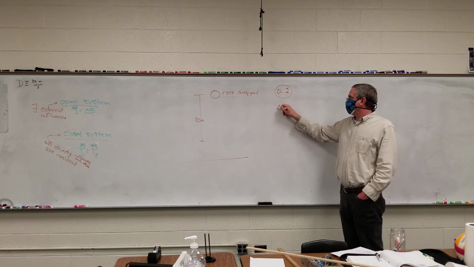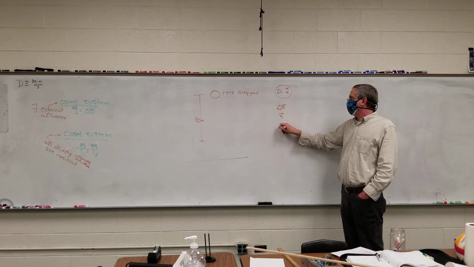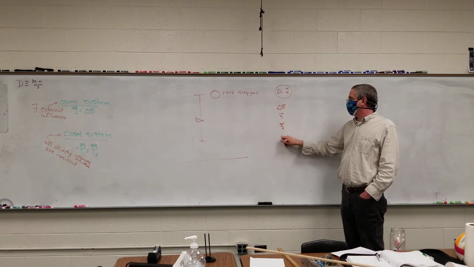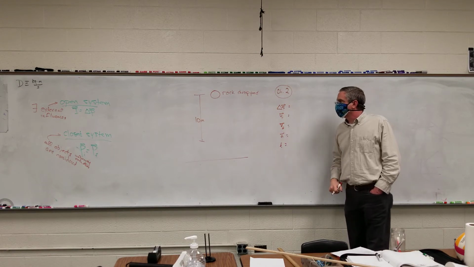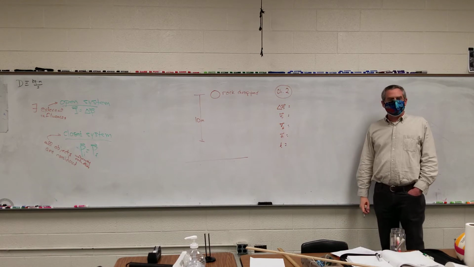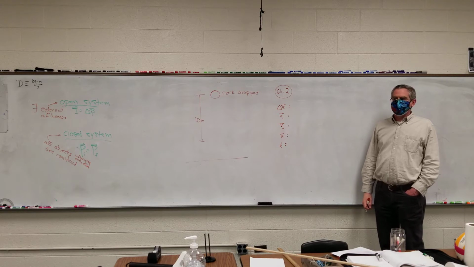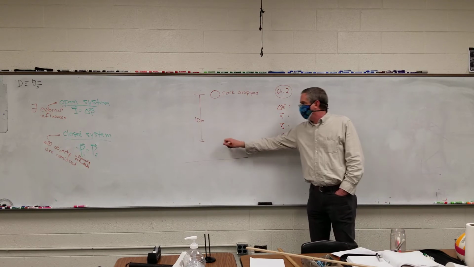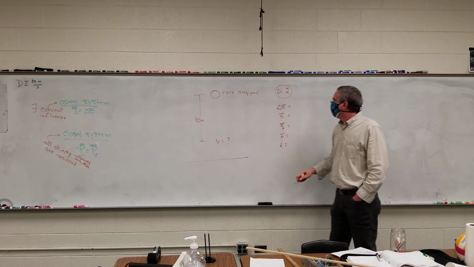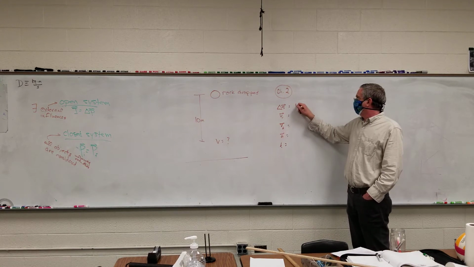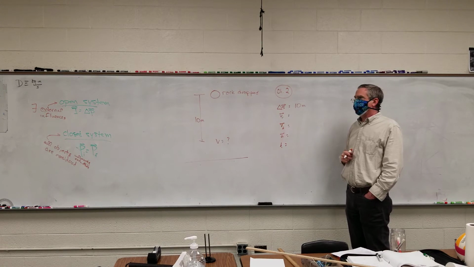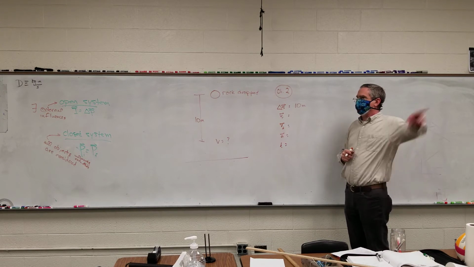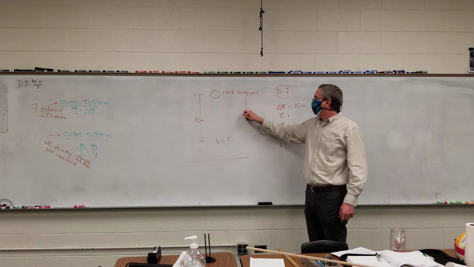So I have some displacement, initial velocity, final velocity, acceleration, and time. What do I know? You know the displacement is 10 meters. What assumption did you just make? That the ground is 0. Down is positive. That's the assumption you made.